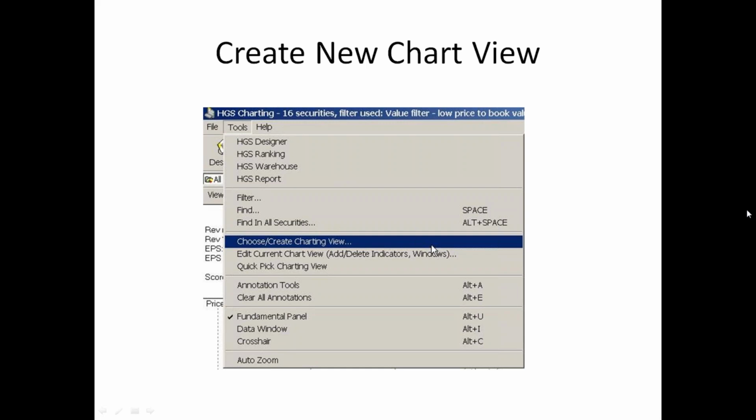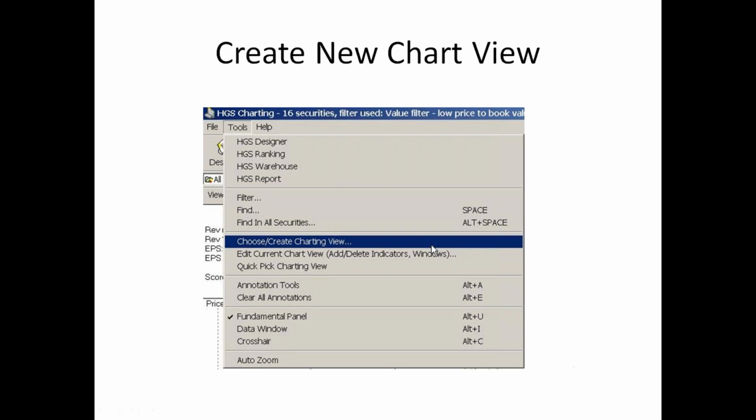Let's create the chart views. Again, it's very simple to do, but if you've never done one, if you've only used the default charts on HGSI, or perhaps you have created them, but it's been a long time, do a very quick review. It really is simple. You begin by clicking on the, remember you've got designer, charting, warehouse, ranking, etc. Click on charting, click on tools, and click on choose create chart view.